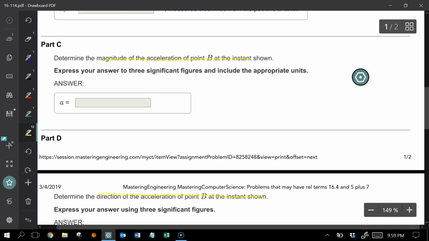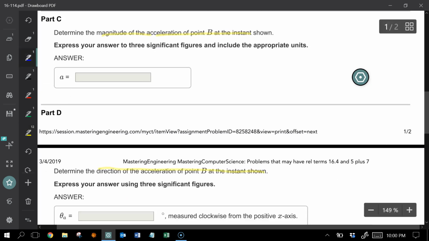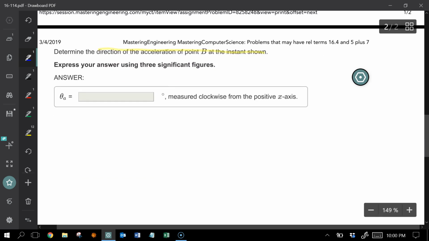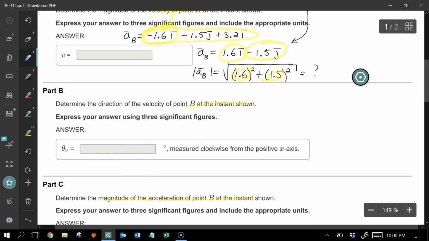I guess if they want it as a vector, then what you would do is you'd say it's going in by, what did we say, 1.6. Okay, so it's going this way at 1.6, and it's going down at 1.5. So it's a vector like this.